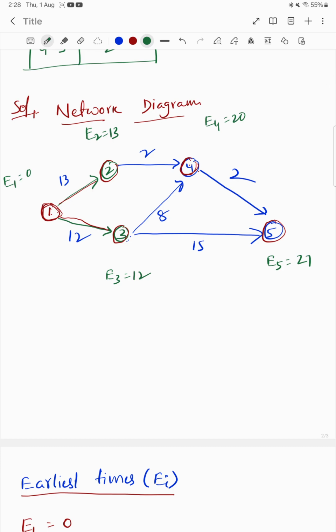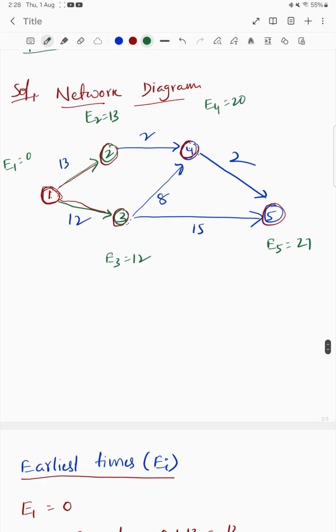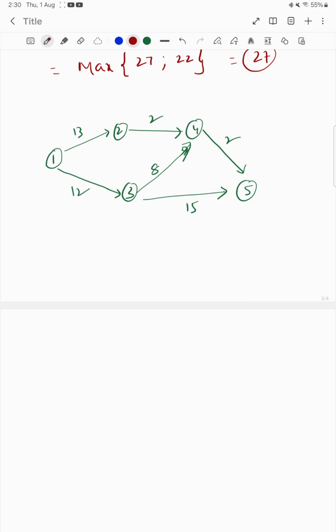Similarly, we have to find out the latest times. Now I will explain how. The latest times, represented by Lj, can be calculated in the reverse process. In the earliest times we started with 1 and finished at 5.